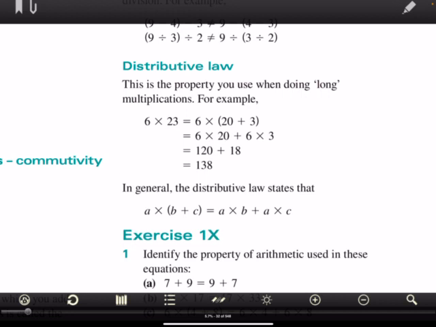Seven. At 50. 9 becomes 13. What am I missing? Yours, same. There we go.